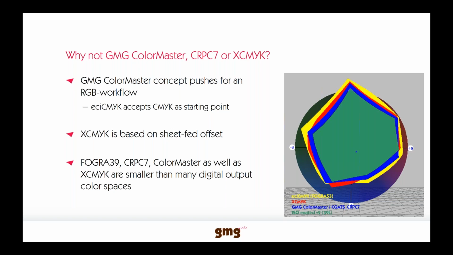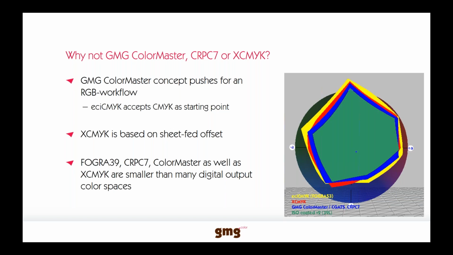The GMG Color Master pushes for an RGB workflow, meaning the idea behind the Color Master concept is that all your image data is kept as long as possible in RGB. All the retouching is done in RGB. And just at the point where you go to your output condition, so the final printing data, you convert your data to CMYK.